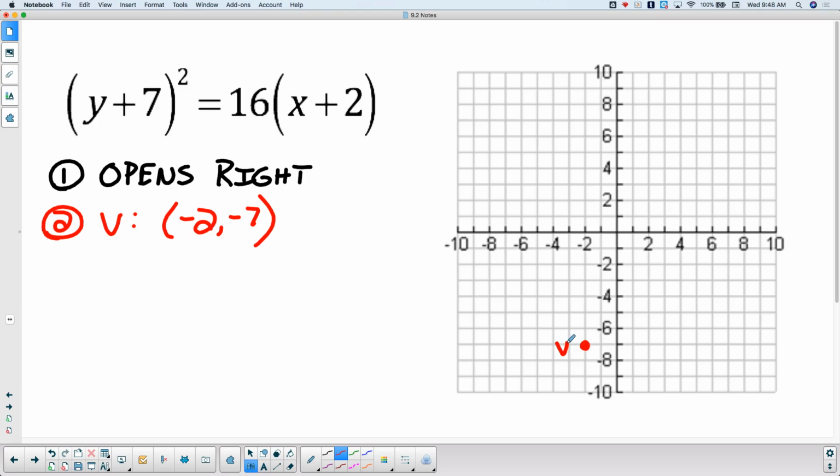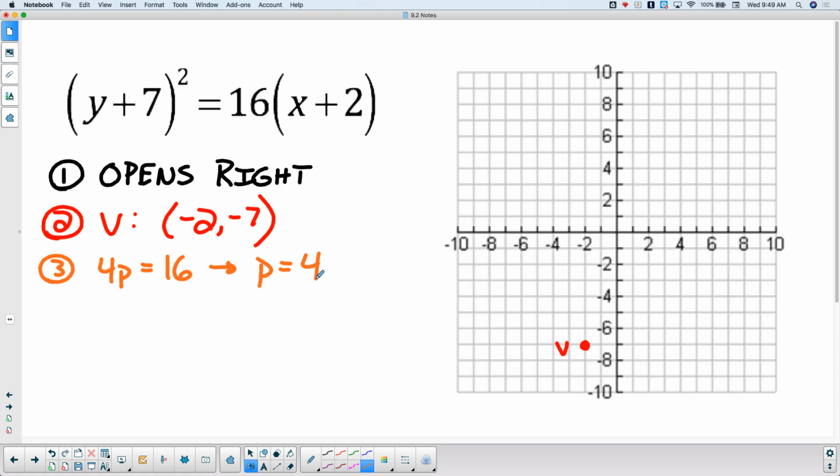Now you don't necessarily have to label it with a V, but I will label it with a V. Okay? All right. Step number 3 was find 4p. What is 4p? 16, which means that p then is 4, correct?